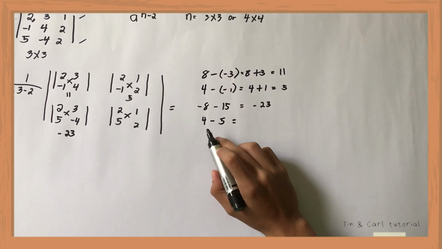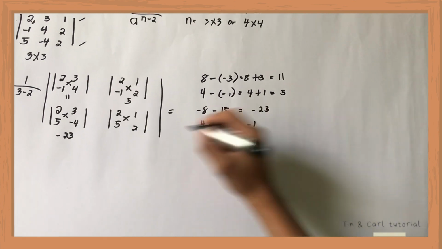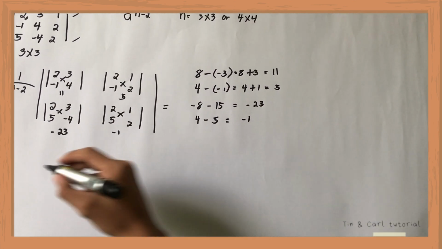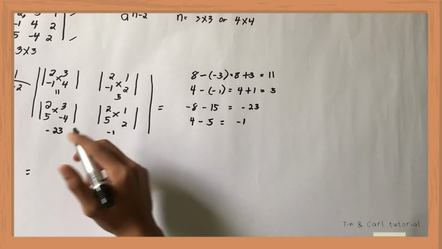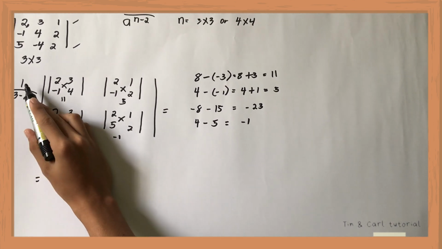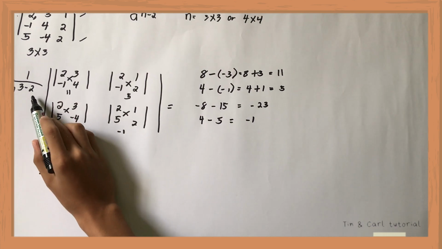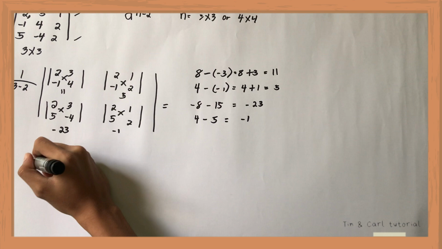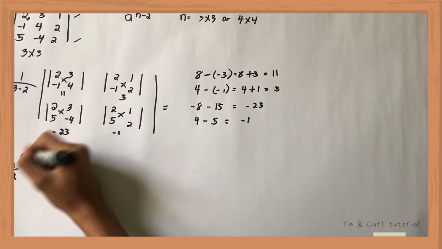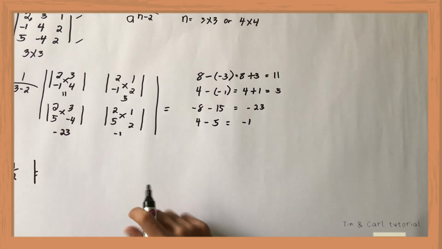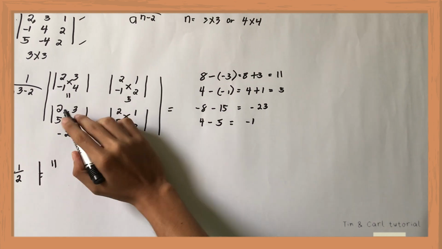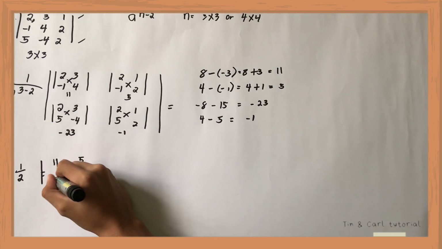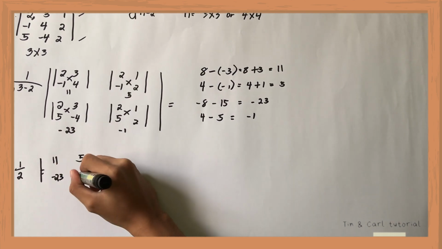So, magiging value natin, 4 minus 5 is negative 1. So, ito yung mga final value natin, which is, isolve muna pala natin to. 1 over 2, 3 minus 2 is 1, 2 raised to 1 is 2 lang din. So, lalagay natin dito is 1/2 matrix 11. Kopyahin lang natin to, yung mga value na nakuha natin. 11, 5, negative 23, and negative 1.